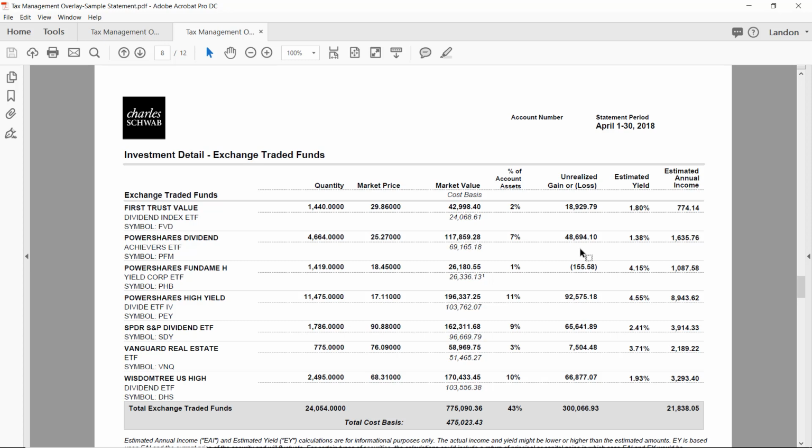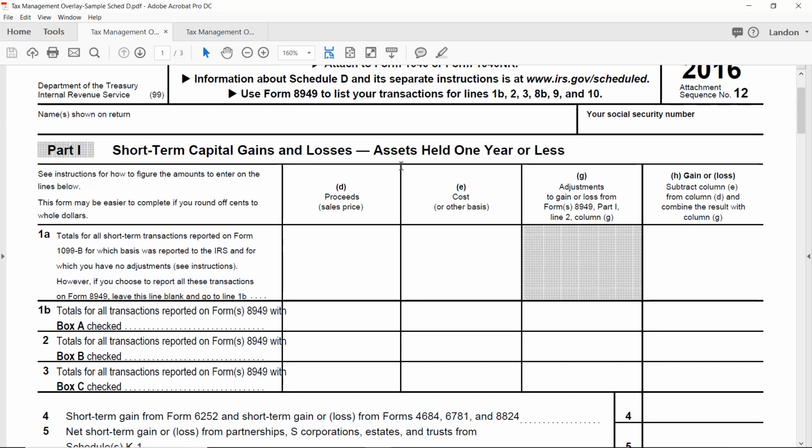You've got some operational or administrative things to get in line with software. And then after that comes the expertise. And what it boils down to is restrictive or smart trading processes. So in this example where we want to get rid of this PowerShares dividend ETF and there's $48,000 in gains, we're going to pop over here to the tax return now.